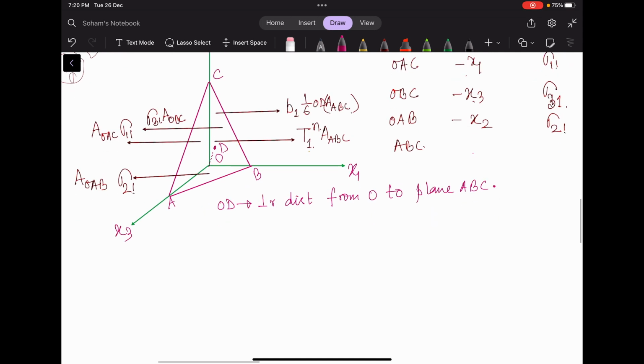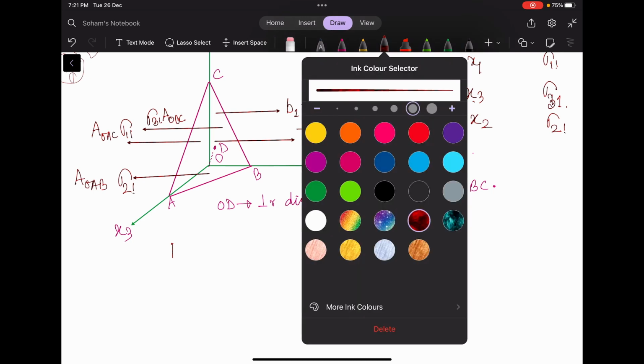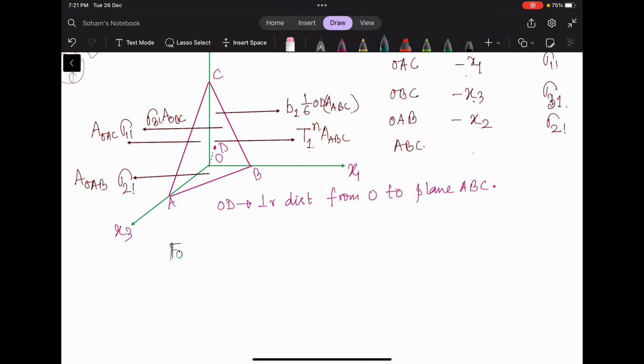Now writing a force balance, so what do we learn? So force balance along x1 direction.